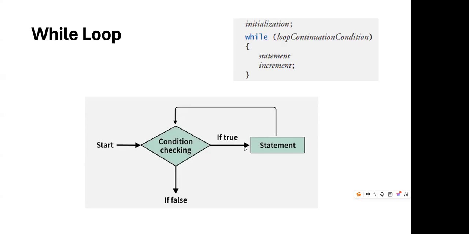If it is true, we will execute the statement, and the increment is optional. It is optional because the loop continuation condition may not be related to I, it may be related to some other conditions. That's why the increment is within the while block, and I say that it is optional. And if the condition checking is false, the loop will be ended. That is the while loop.